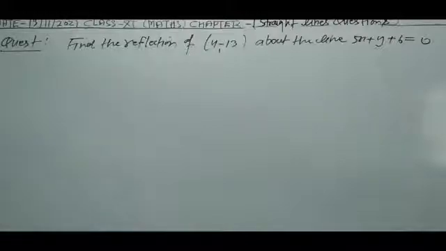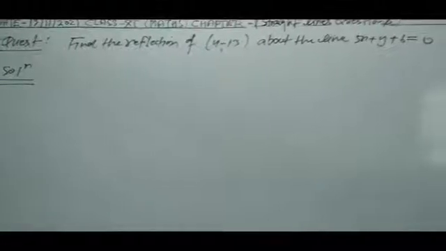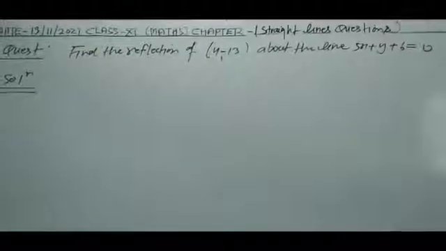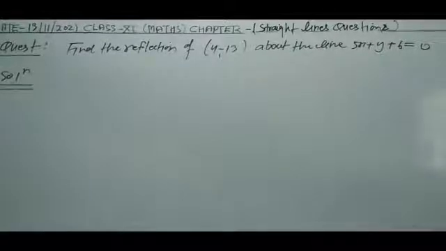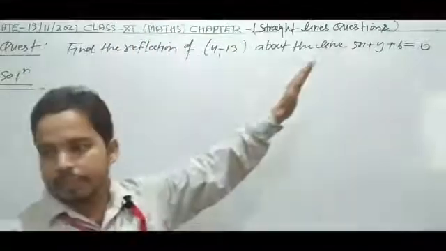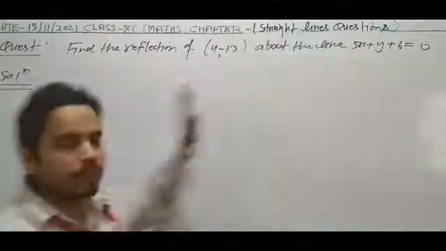What is given? The equation of a line is given, and we can consider the line as a mirror. We have to find the reflection of (4, minus 13) about the line.